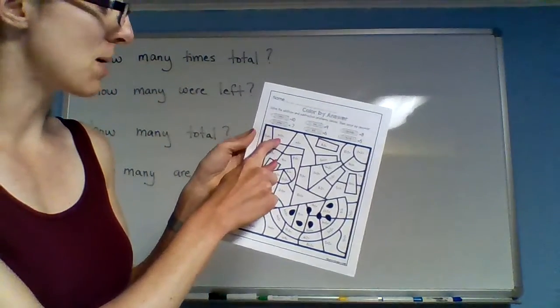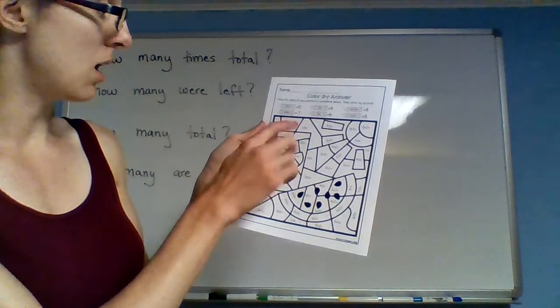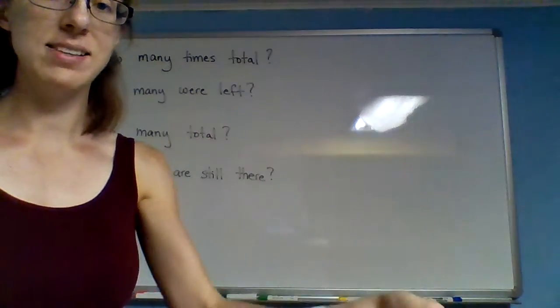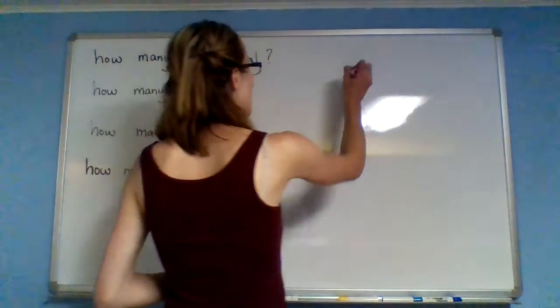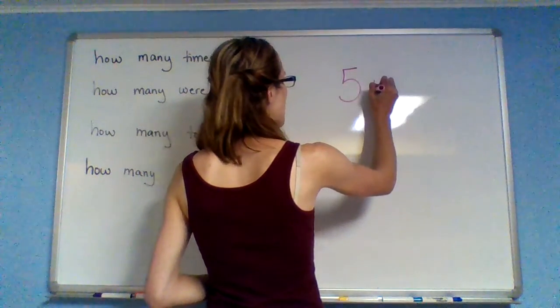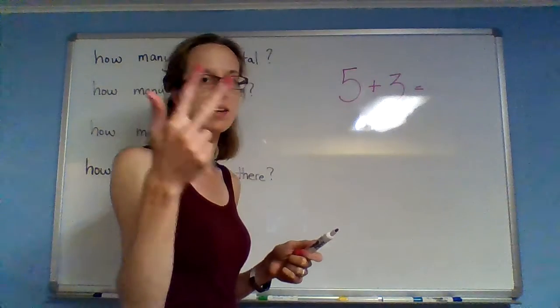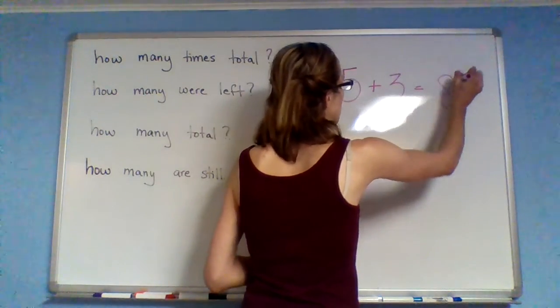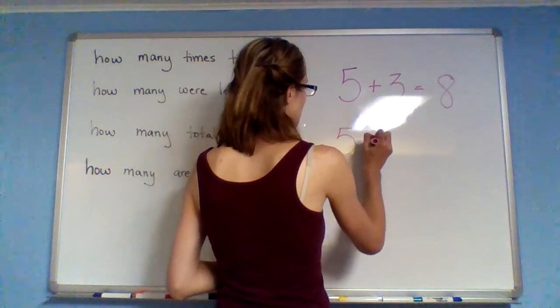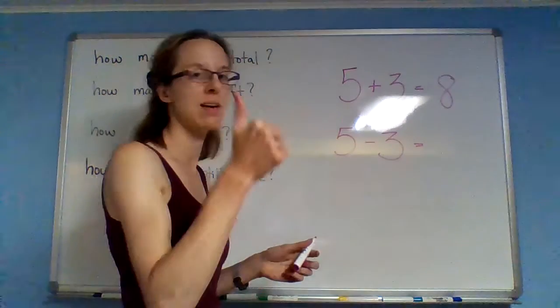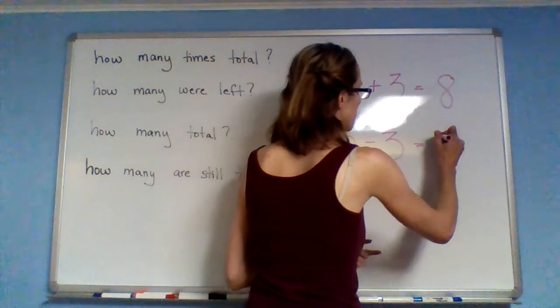And when you get to some of them, like 5 plus 3 is not the same as 5 minus 3. So 5 plus 3, 5, 6, 7, 8 is going to be a different color than if you did 5 minus 3, which is 5, 4, 3, 2.